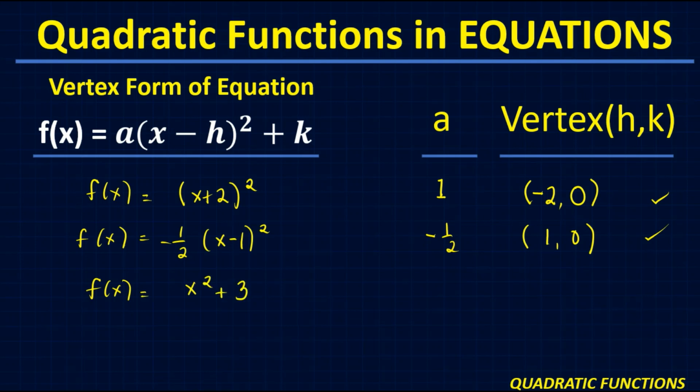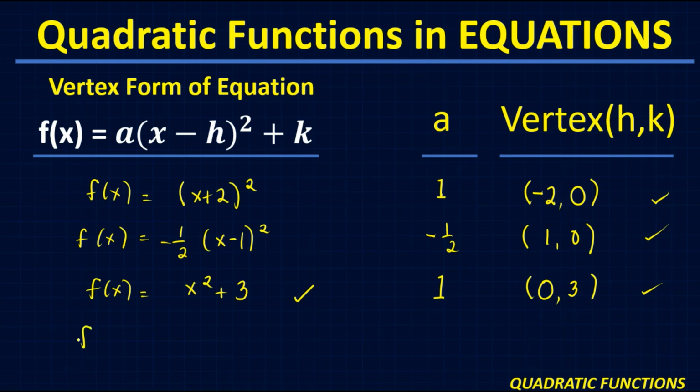In here, a is 1. Please be reminded that a is the numerical coefficient of x squared. To get the vertex h, k, since we see no open and close parenthesis in this form of equation, h is automatically 0. And the constant term here is 3. So therefore, k is 3.